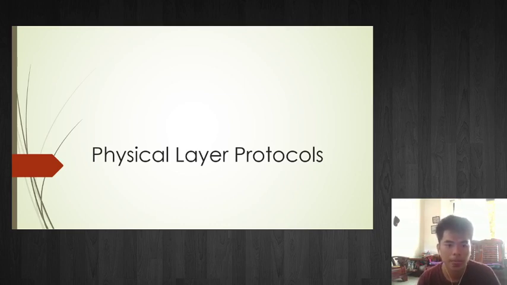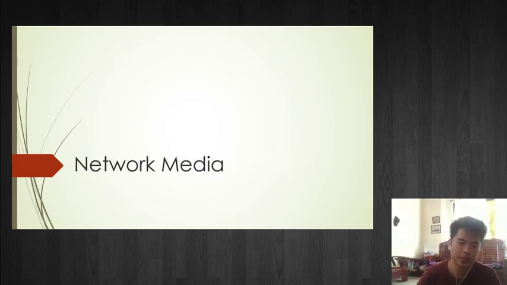So the next one is the network media. Network media is composed of copper cabling. Copper media is unshielded twisted pair, or UTP, shielded twisted pair, or STP, and coaxial cable.